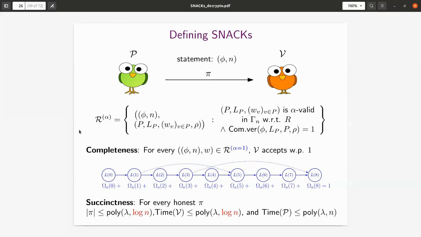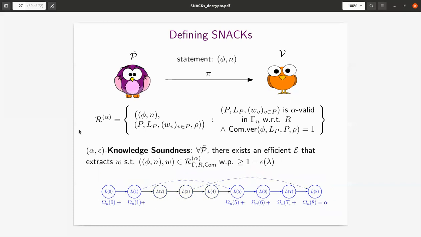While the SNACKs, we define it right away to be non-interactive. Although the way we construct it, we also construct an interactive protocol and then Fiat-Shamir it. Of course, it also makes sense to define first an ACK without the non-interactive part, but it doesn't matter. It's a matter of taste.